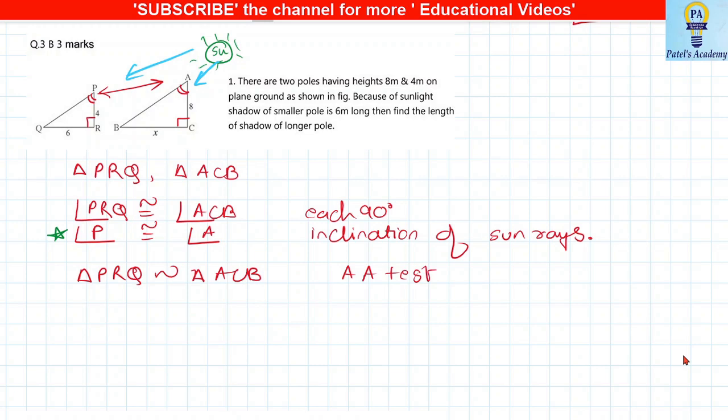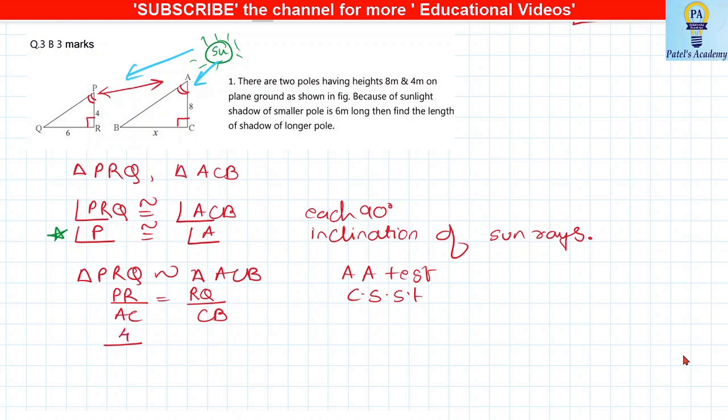Now as the triangles are similar, we can take down the ratios, and I will take the ratios from the figure which are required. So PR upon AC is equal to RQ upon CB, corresponding sides of similar triangles. Let us substitute the values.